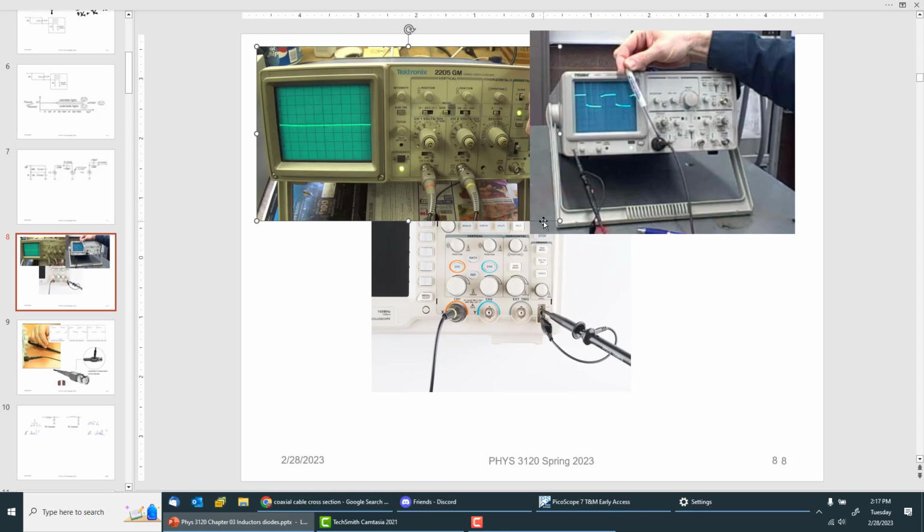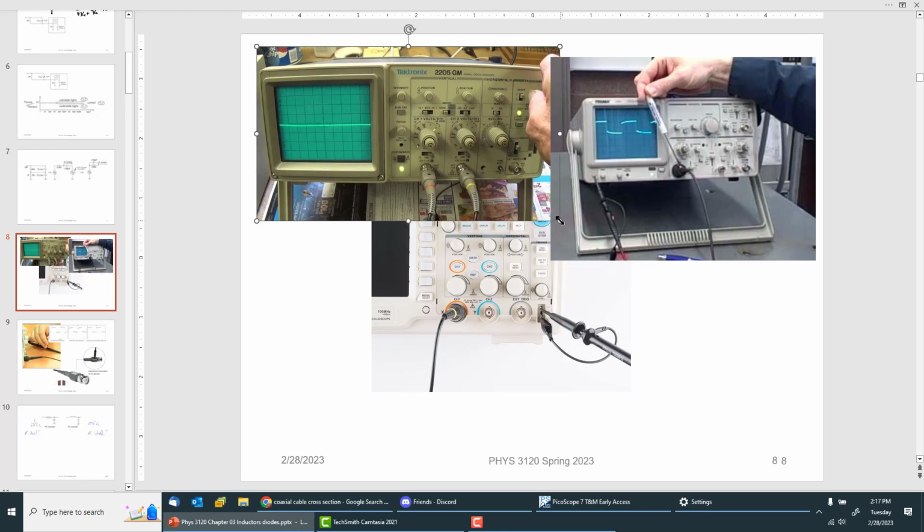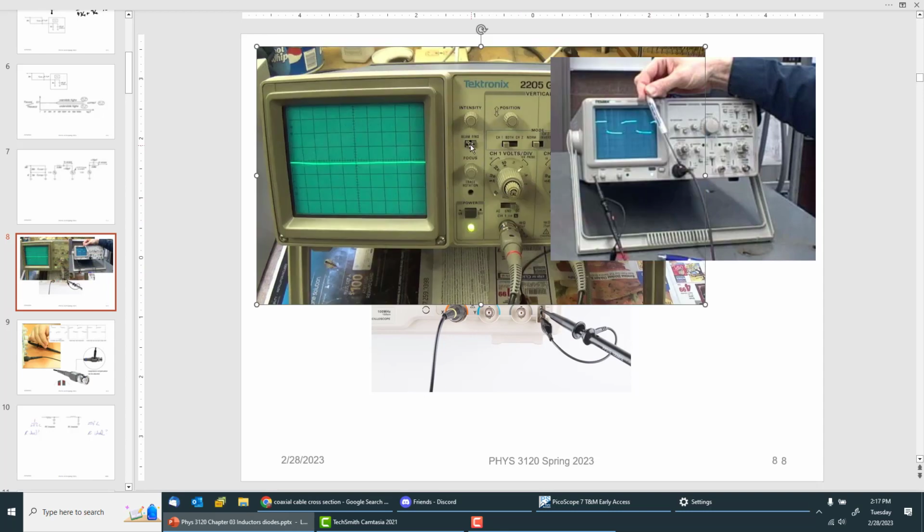I know some of you have one that is the older kind. So right here in this stack, there's a little hole. You can take your scope probe and pull off the end of it, which is useful sometimes when you're troubleshooting.